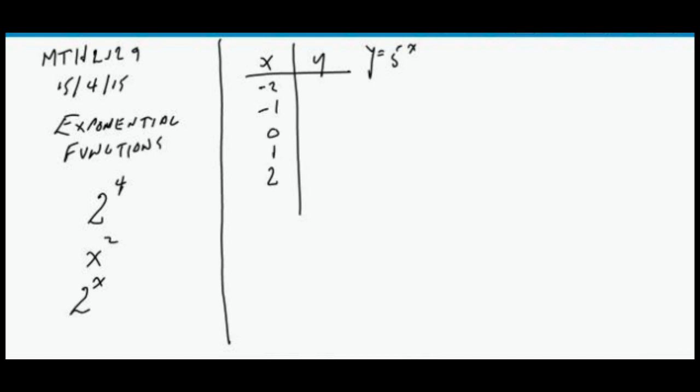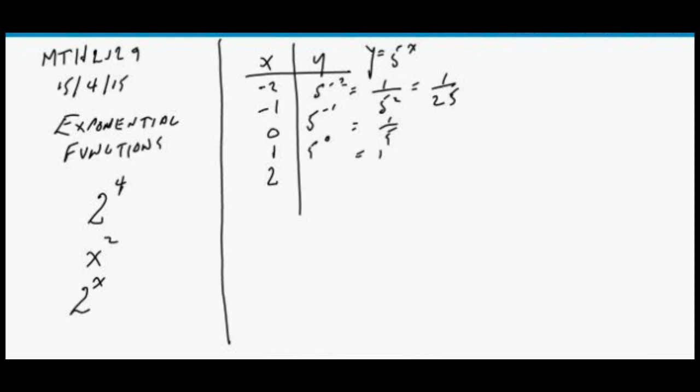Well, because it's a negative exponent, it would be 5 to the -2. And so that's equal to 1 over 5 squared. That's equal to 1 over 25. The next one will be 5 to the -1. That's going to be 1 over 5.